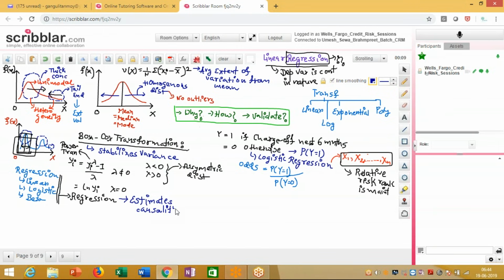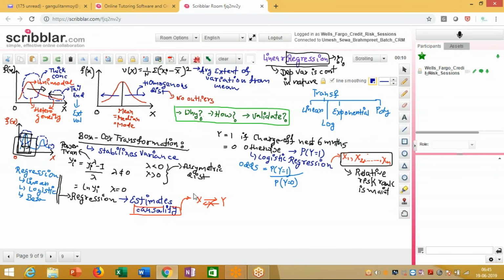Causality is where X is causing Y. X is an independent variable which is responsible for causing Y. But Y does not cause X. X can cause Y, but Y cannot cause X. So basically, what we are trying to understand is a one-sided, or unilateral, causality.